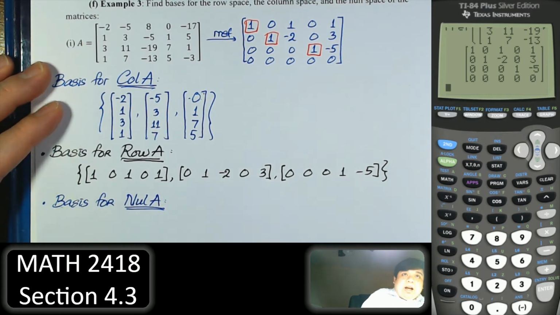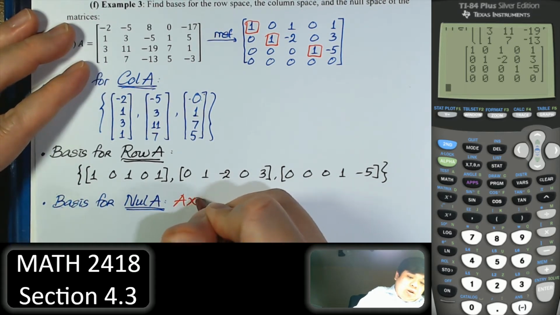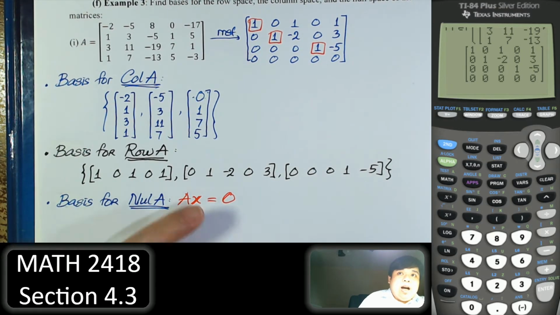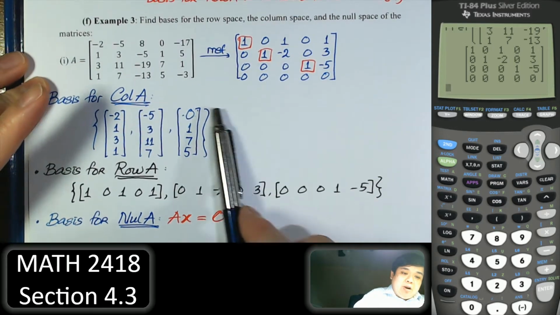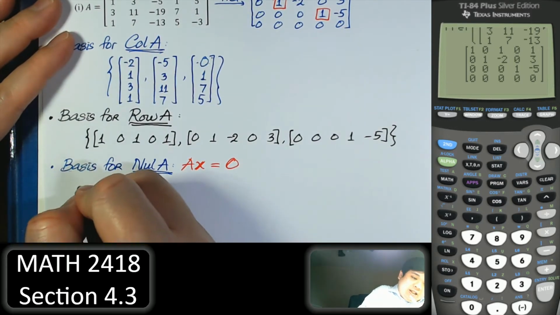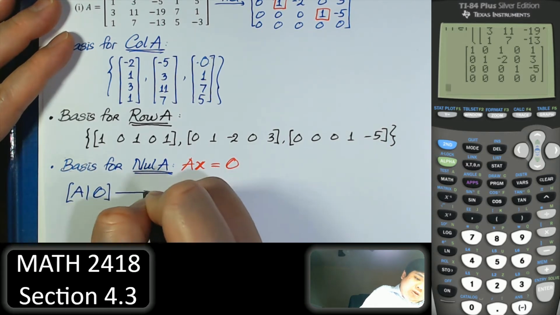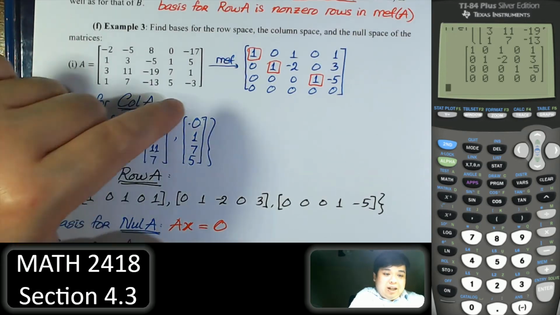Now the null space. There's no other solution. We just look for solutions of this. All the solutions will be in the null space of A. So the null space is the set of all the solutions to the homogeneous system. So I'm going to write the matrix A, and then 0, and then reduce row echelon form. Of course, we already did this.